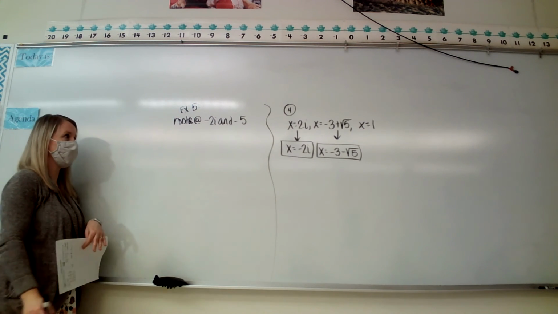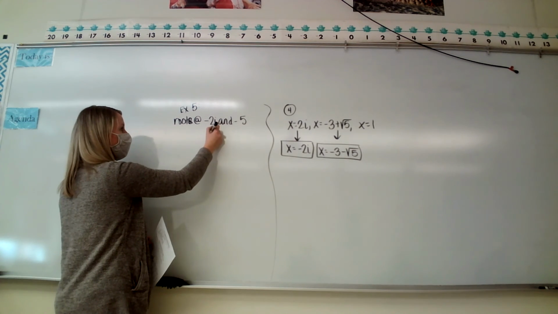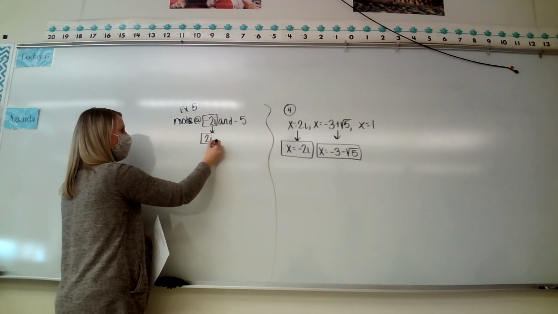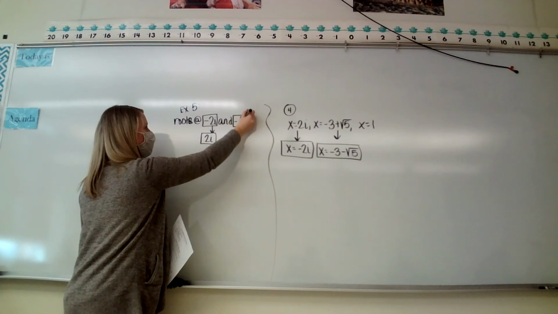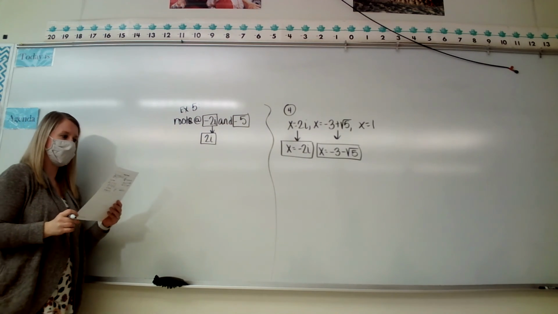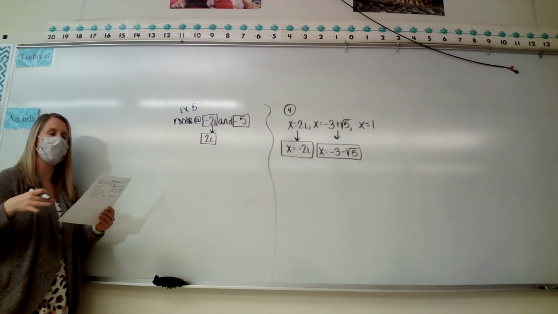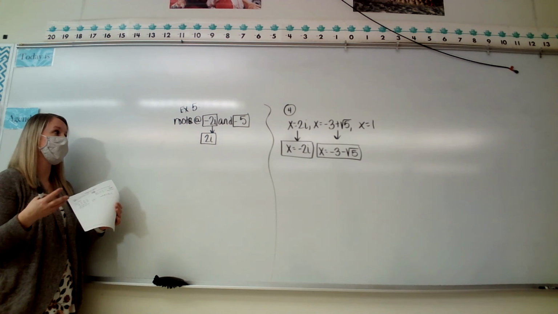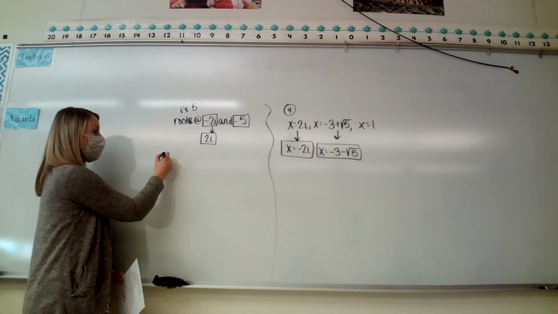When I see negative 2i, I automatically also add 2i. So I have a root here and a root here. Once again, if it's just a negative 5, you just keep it as negative 5. Now it says we need to actually find the polynomial this time. It doesn't just ask where the zeros are. So what we need to do is write it in factored form.